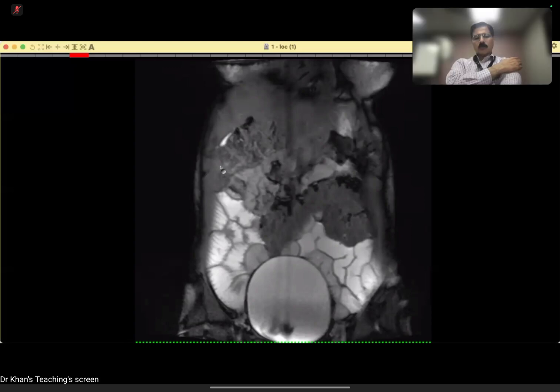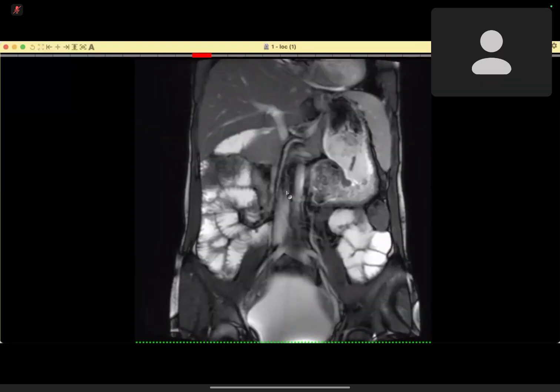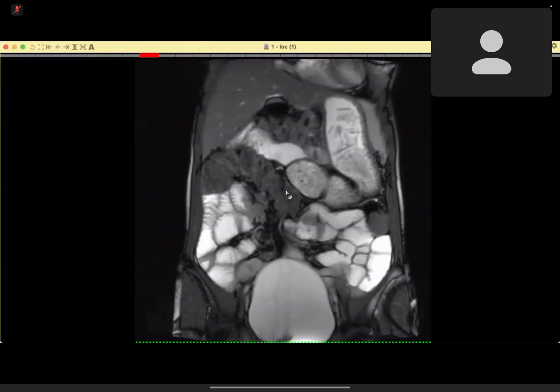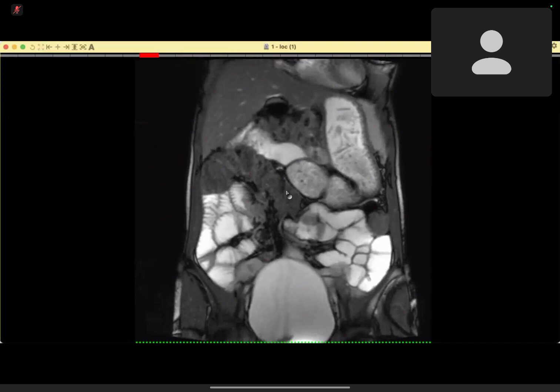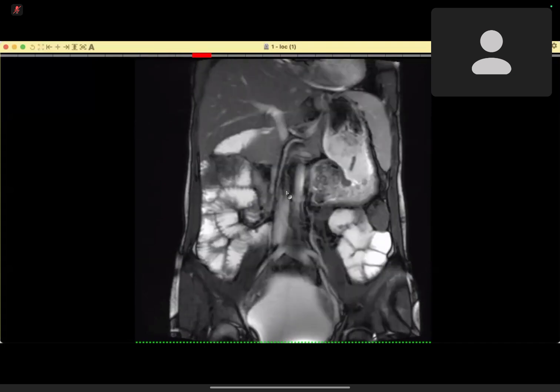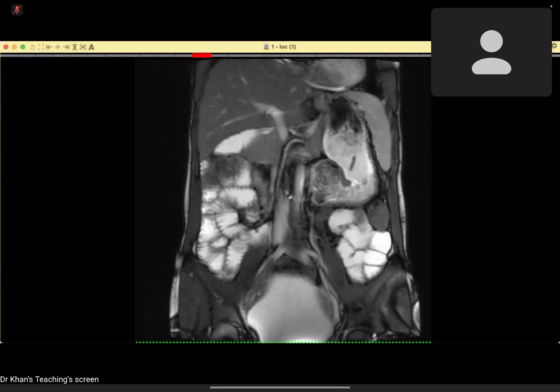Concentrate on the small bowel, please. Just concentrate on the small bowel. Yes, I will start by looking at the stomach, and then I will go into the duodenum. I cannot see any obvious abnormality within the stomach wall, and I can see that there is the jejunum.